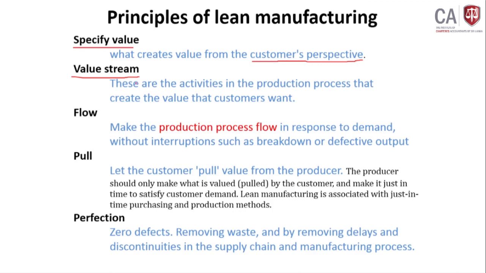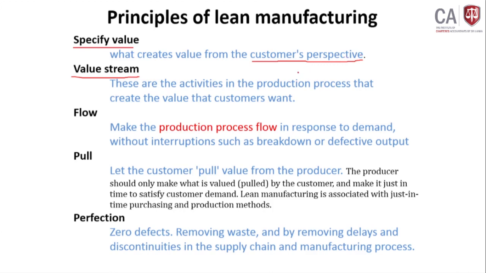Value stream. These are the activities in the production process that create the value that the customer wants. So according to the customer's perspective, the customer needs some product as per their requirement. In the value stream, there are so many activities in the production process that create a very good value for the customer.